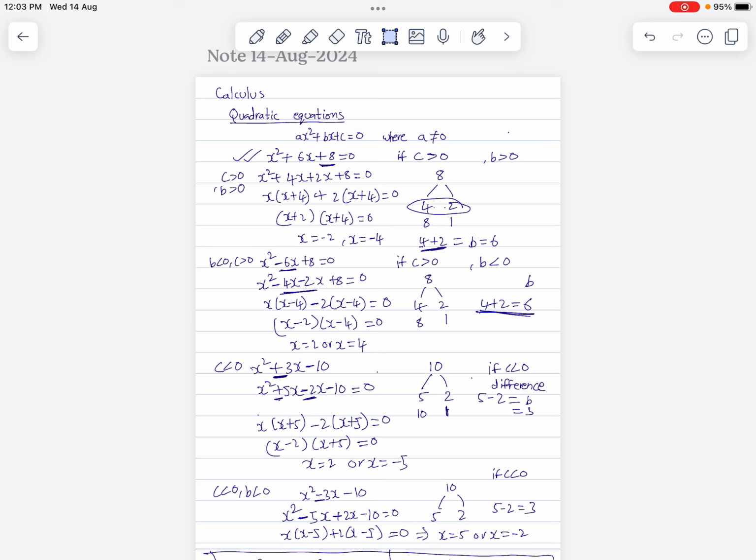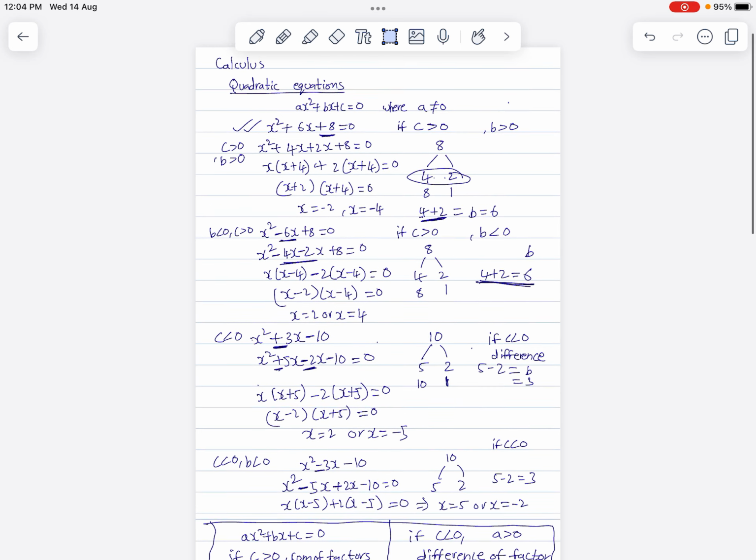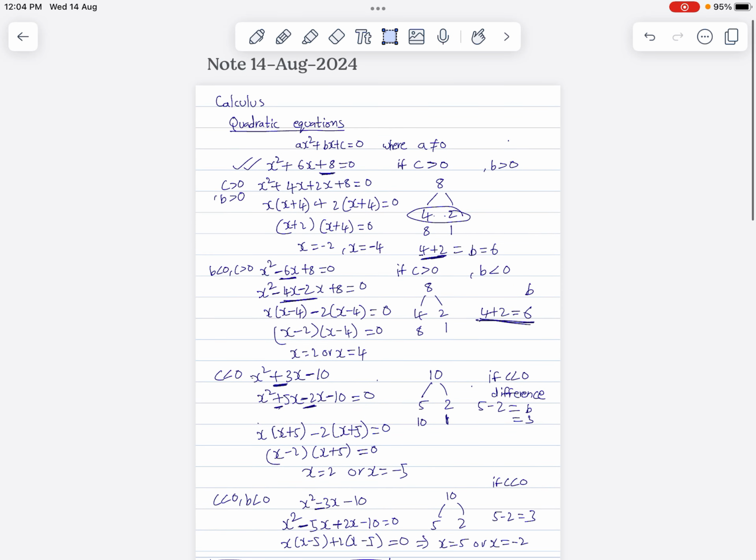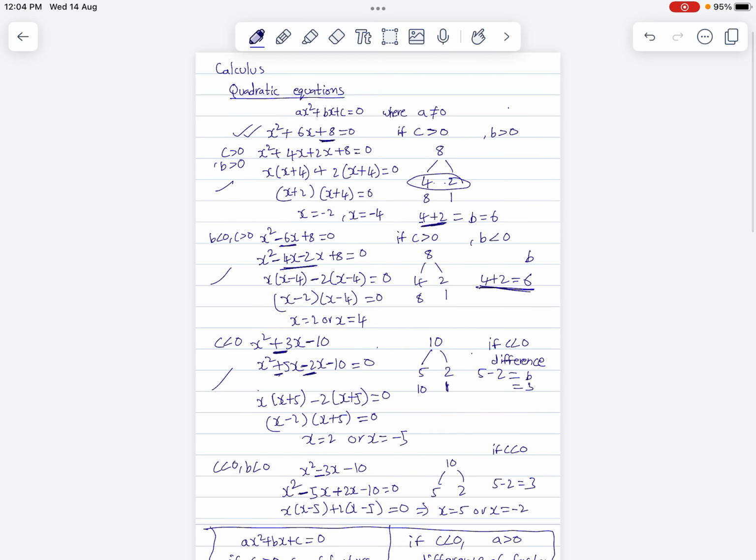You can pause, and if you want to take down the notes, you can take the notes. Okay, so this is for c greater than 0, b greater than 0, b less than 0, but c greater than 0. This is for c less than 0, b greater than 0. This is for c less than 0, b also less than 0.